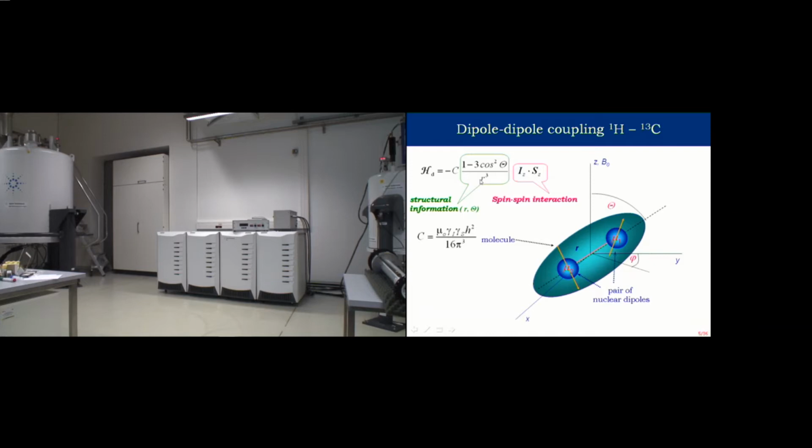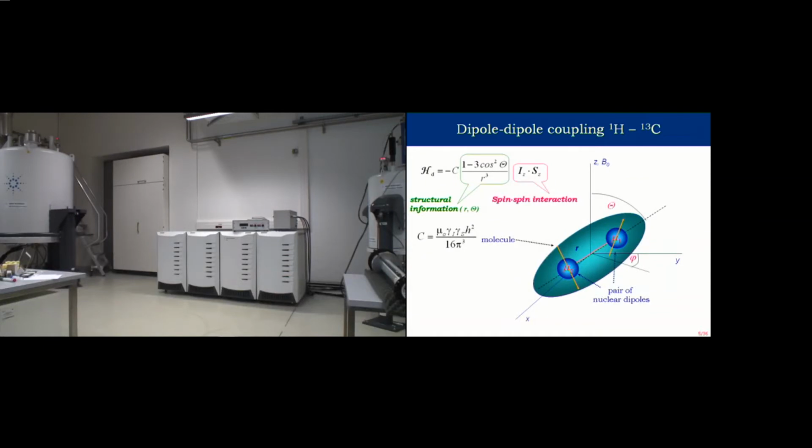The structural factor is an element which defines the orientation of the main axis of interaction relative to the external magnetic field, which is responsible for creating the distribution of populations. And these interactions change the energy levels, especially if the direction is changing.